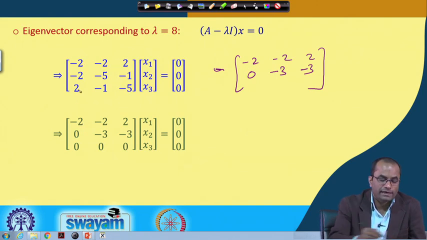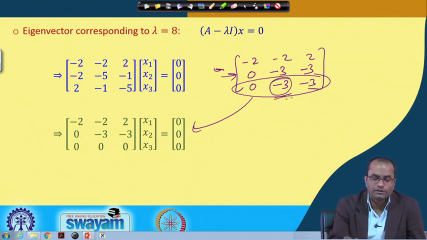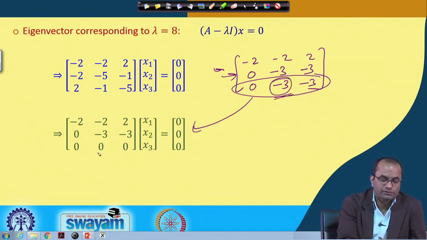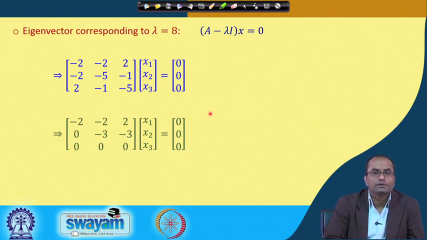When we add row 1 and row 3, we get 0, minus 3 and minus 3. So, again with the help of the second row we can now get rid of this minus 3, and this will also become 0 together. So, this is the row reduced echelon form for the system of equations for this matrix.